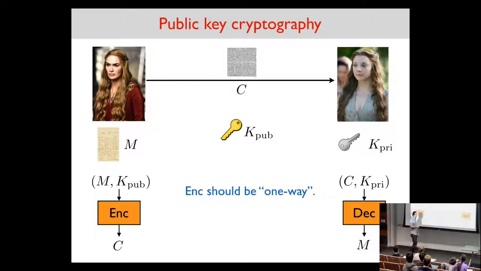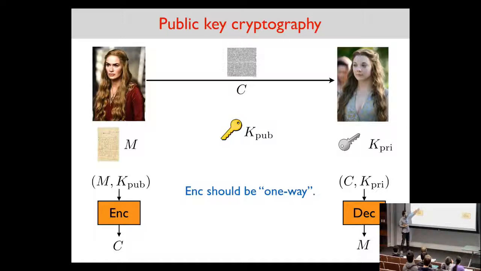Again, if you think about it, you want this encoding to be in some sense one way. You don't want the adversary who sees C to be able to recover the message. The problem is that before, to ensure this one-wayness, we could use the fact that the key was private to that party. That's no longer the case.